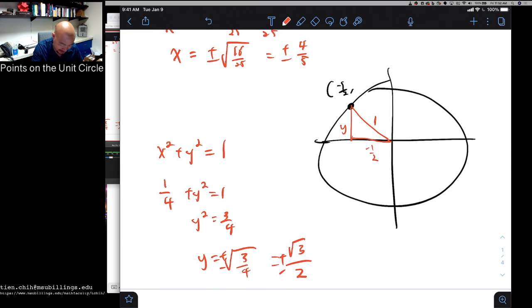And so the plus or minus once again refers to the fact that there's another triangle down here with the same x value but a different y value. One's positive, one's negative. We're aware that according to our drawing that this one should be positive, so we get square root of 3 over 2. If I was in the third quadrant, I would get the other value, negative square root of 3 over 2.